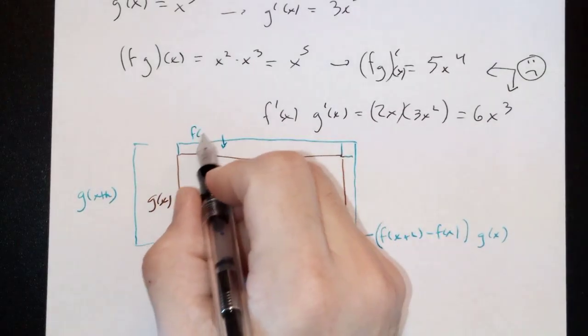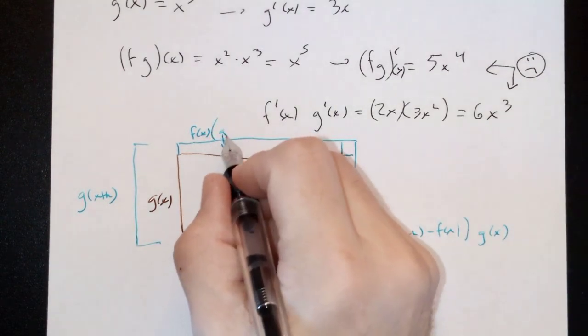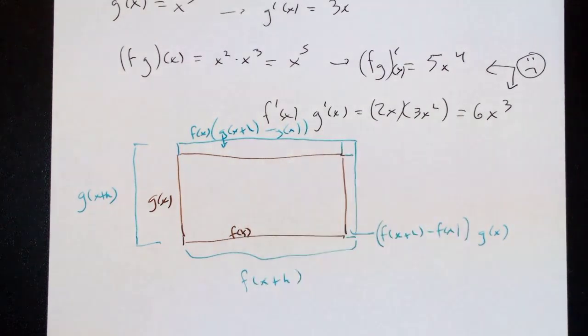This is f of x, but its height is... the corner is the weird part. Because the corner is going to have both of the changes, right?